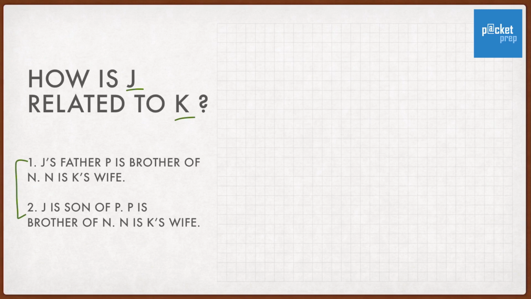Let's find out. The first statement states that J's father P is brother of N. N is K's wife. Let's diagrammatically represent this. According to statement 1, J's father is P, isn't it? And P is brother of N. Yes or no?